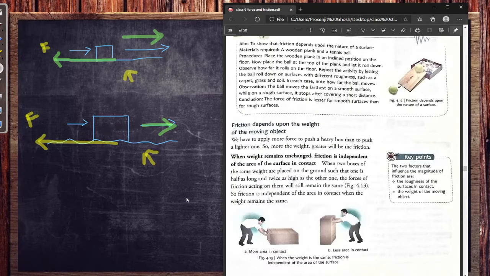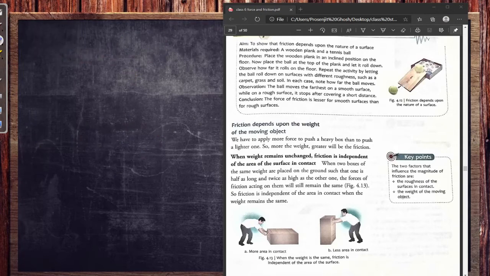All right. Let me give you another idea here. The friction force also depends upon the mass, or you can say the weight of the body, and the surface area of the body. Why so? Let me discuss one more example. Suppose this is a surface, not very smooth and not very rough, a moderate surface. And there are two objects.